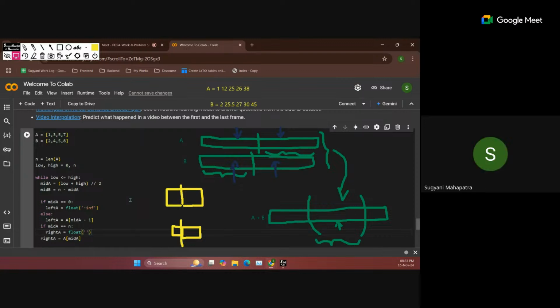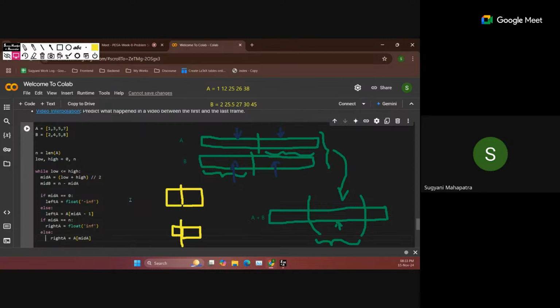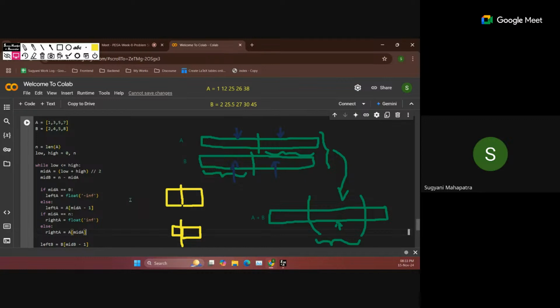Infinity. Positive infinity, right? Otherwise we have right of A will be equal to this A of middle of A.